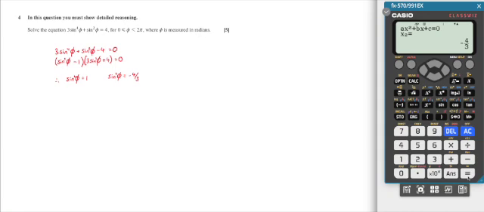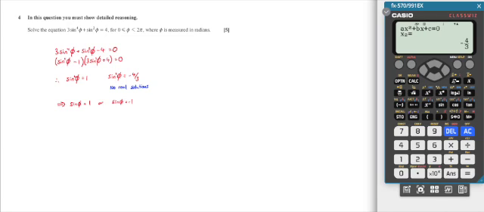Again, detailed reasoning, so I'm going to reject this right-hand one. There are no real solutions because we're about to try and do a square root. So that therefore means sine phi is 1, or sine phi is minus 1. We're going between 0 and 2 pi.